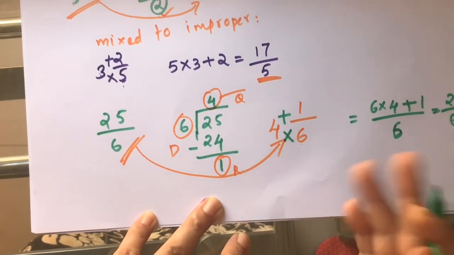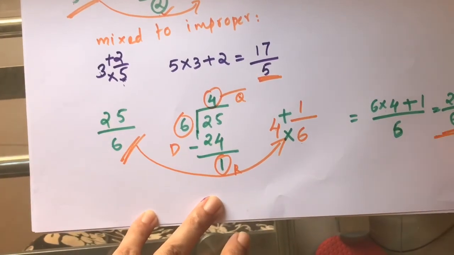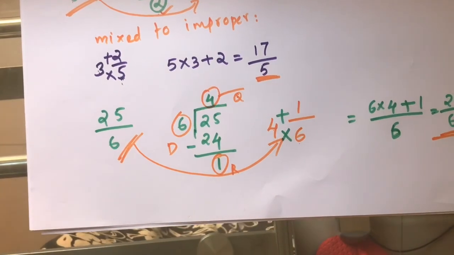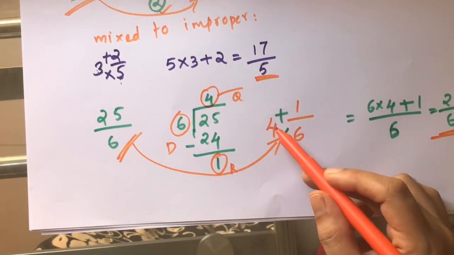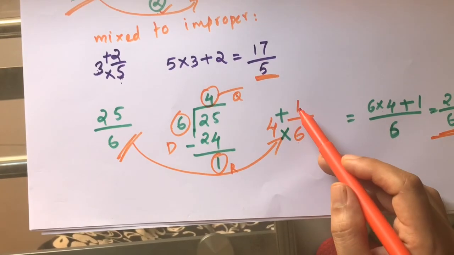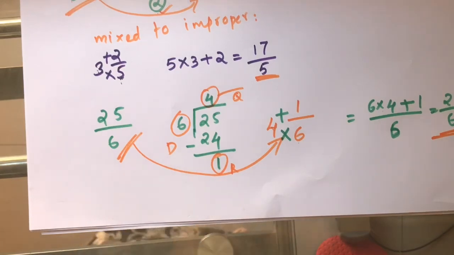So 25 by 6, we changed it to an improper fraction. Hope you are understanding. First multiply the denominator with the whole number, then add the numerator. We can change it into an improper fraction like this.